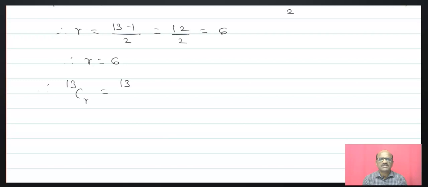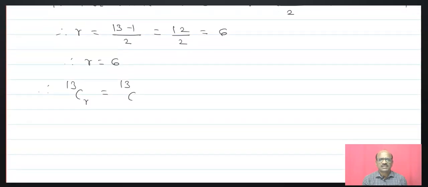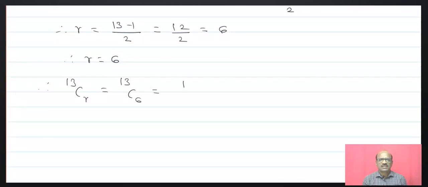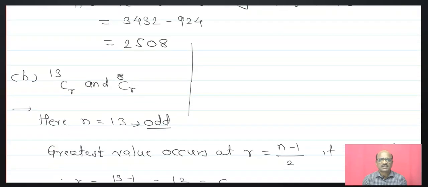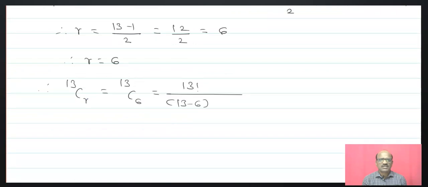Therefore, 13C6 is equals to 13 factorial upon 13 minus 6 factorial into 6 factorial.